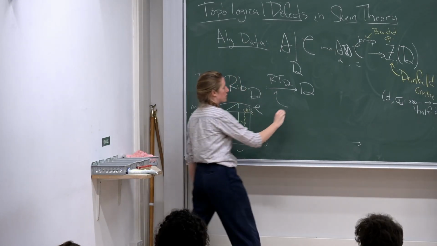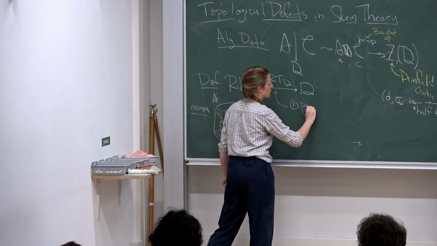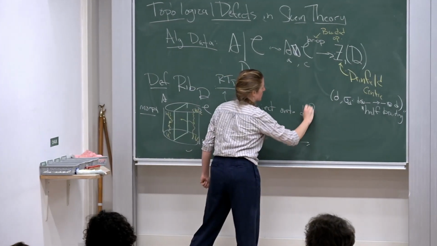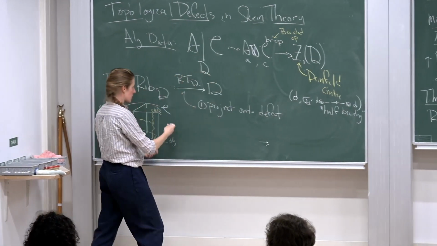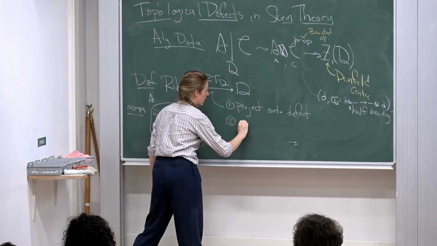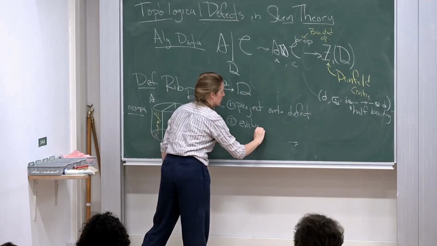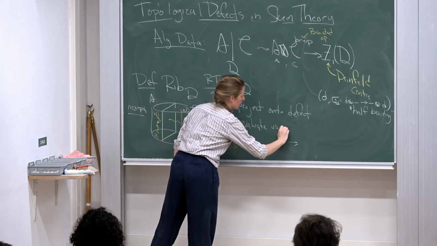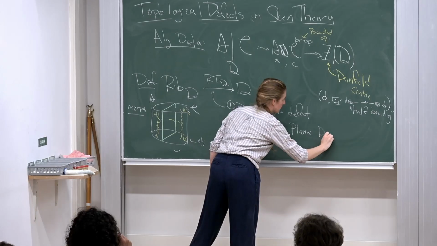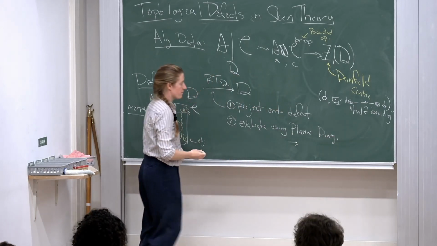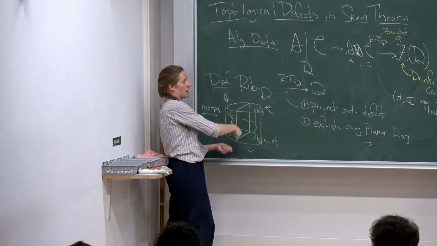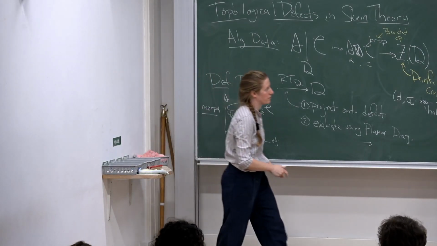This is basically, first, you project onto the defect. So I take all these curves, I just project them onto a planar thing, and then second, I evaluate using what I'll call planar diagrammatics, which is just, if I have a graph and a surface with the right data on it, I can grab a morphism out of there.